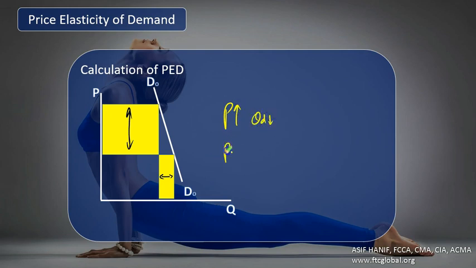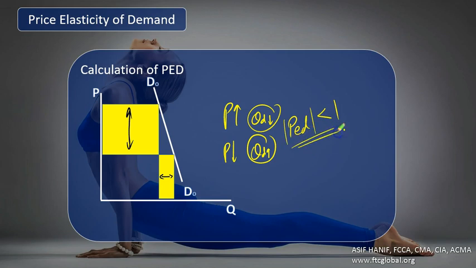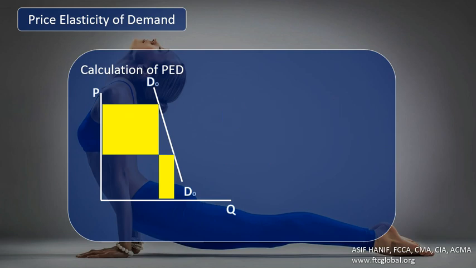And if price were to fall, the quantity demanded would increase, but slightly. In other words, the demand is less responsive to changes in price. So when you calculate the price elasticity of demand in this situation, it would be less than 1. So the steeper the curve, more inelastic would be the demand. The flatter the curve means more elastic demand it will have.